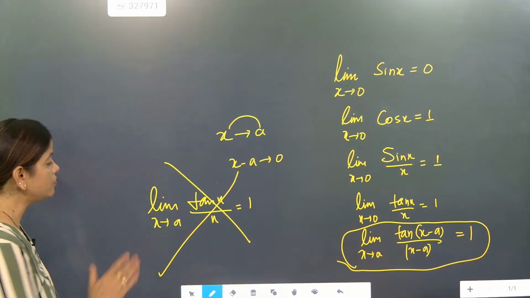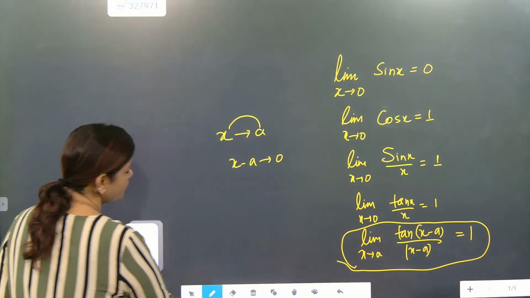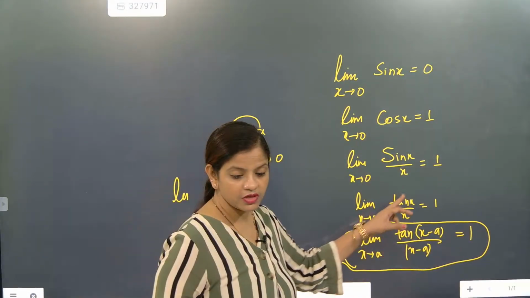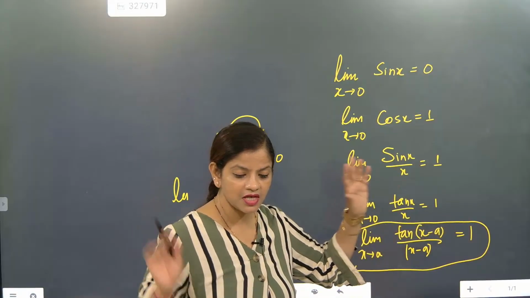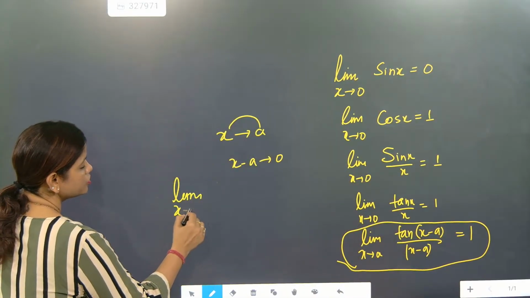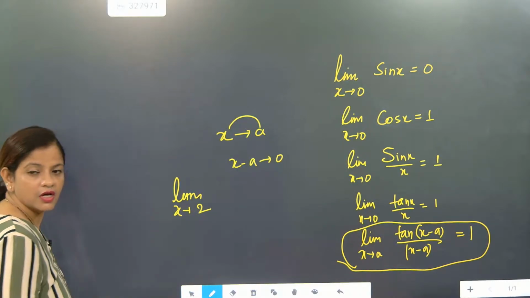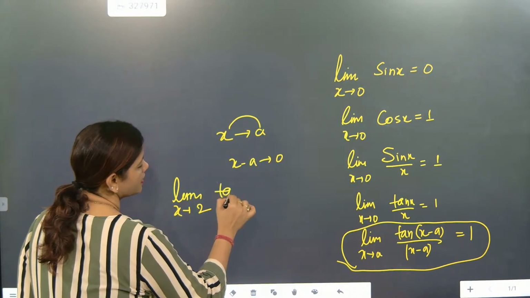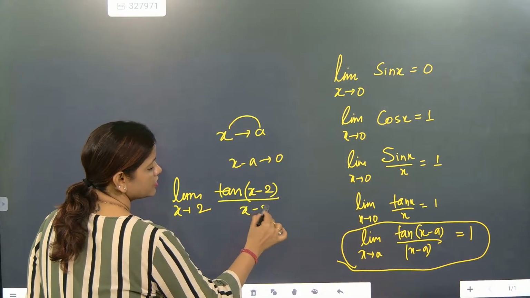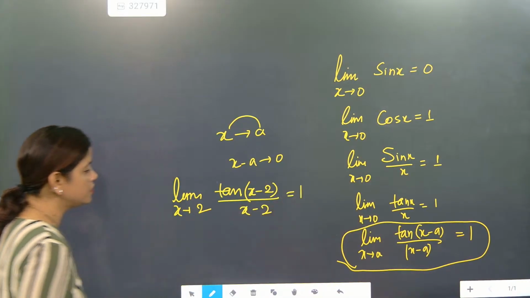When limit x tends to 0, then tan x by x is equal to 1 is fine. But if limit x tends to 2 is there, then here it should be tan of x minus 2 by x minus 2, and then only it will become equal to 1.